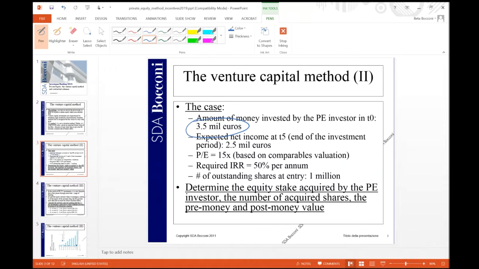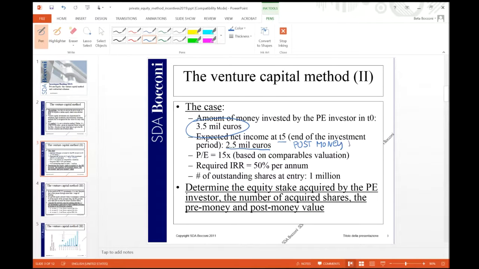We assume our analysts have drafted an expected business plan, and that, considering the investment of 3.5 million euros we are going to make today, we expect the company to be able to generate a net income in 5 years' time from now of 2.5 million euros. This is what, in technical terms, is defined as the post-money valuation.